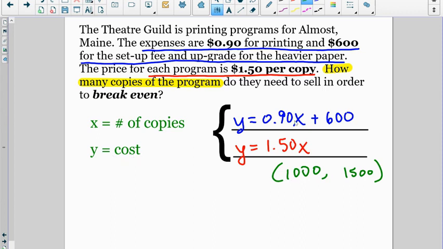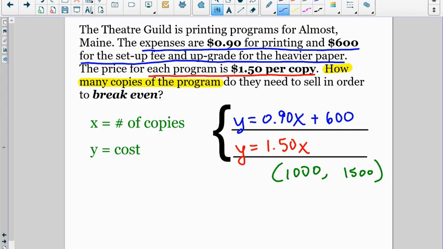So at 1,000 copies, if I do 1,000 times 90 cents and then add the $600 setup fee, that would cost the Theater Guild $1,500 just to print the programs. But if they sell 1,000 copies and they get $1.50 for each copy, they'd actually make $1,500 in terms of revenue. So that's the point when the expenses are the exact same amount as the revenue.